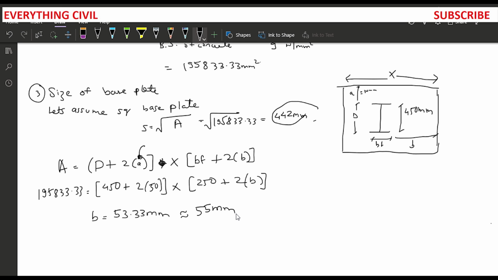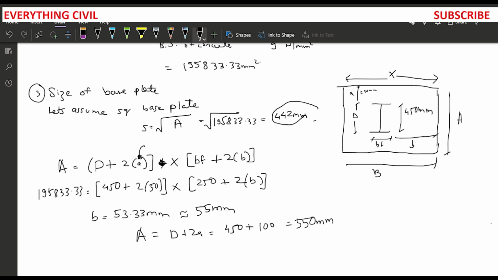Now you have got the projections of the base plate from the flange side and from the web side. So what you have to do is just write down the actual sides. Assume this side of the base plate is A and the other side is B. So A will be equal to D plus 2A, which is 450 plus 100, equal to 550 mm.